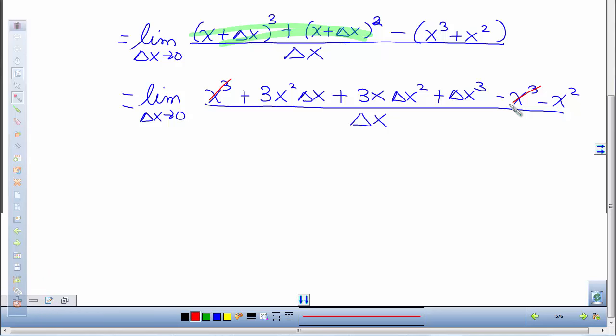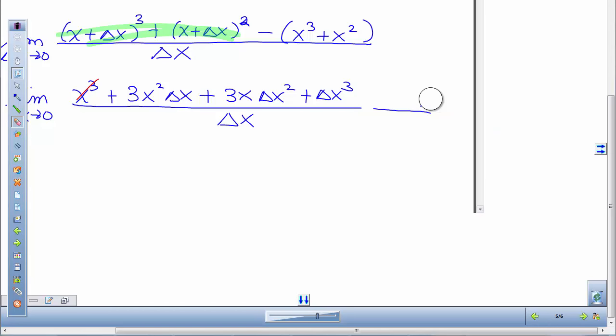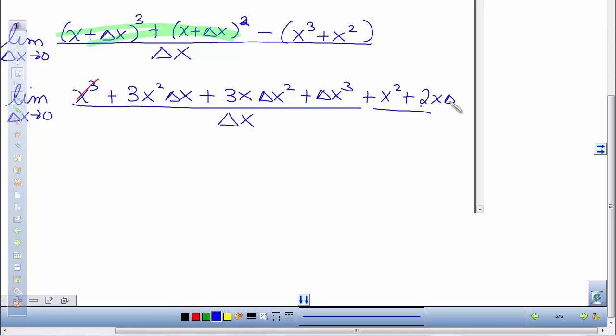That was just our x plus delta x cubed piece. We also have x plus delta x squared. So we need plus x squared plus 2x delta x plus delta x squared minus x cubed minus x squared.